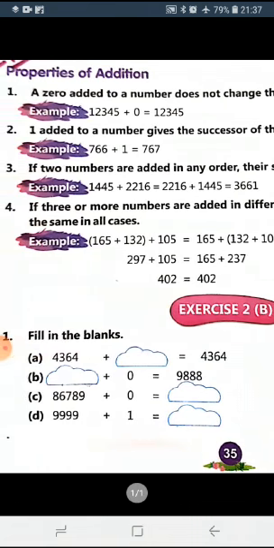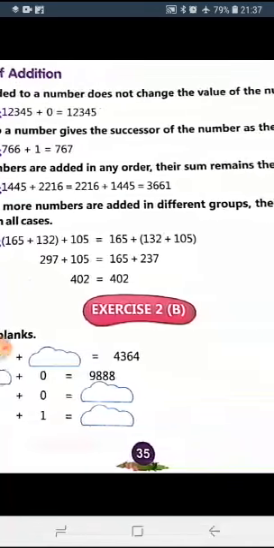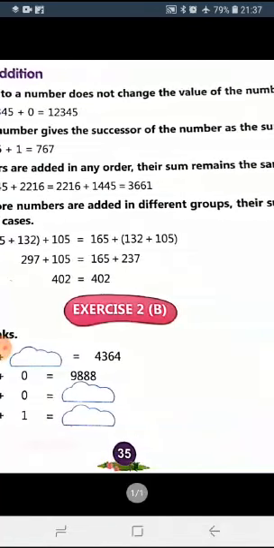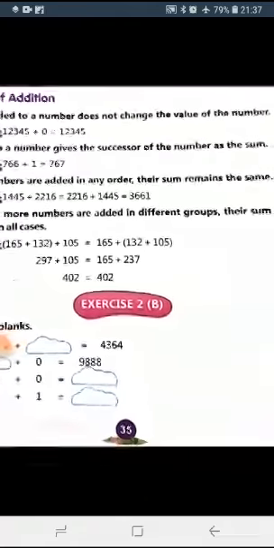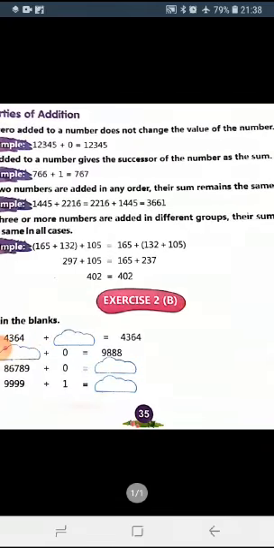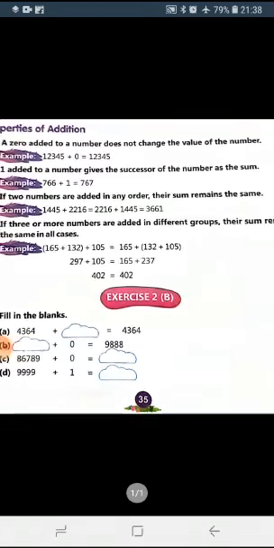Now come to property number 4. If 3 or more numbers are added in different groups. Now see children, in the third property we were taking only 2 numbers in some order. Now here you have 3 or more numbers added in a group. What does it mean, adding them in a group? That means, can you see children, in the example some brackets are given.